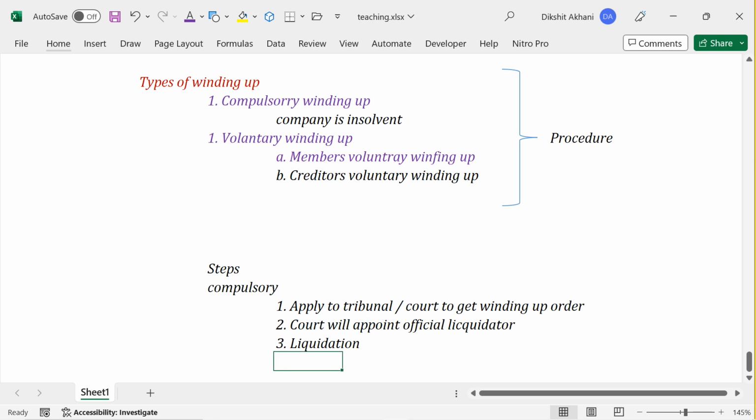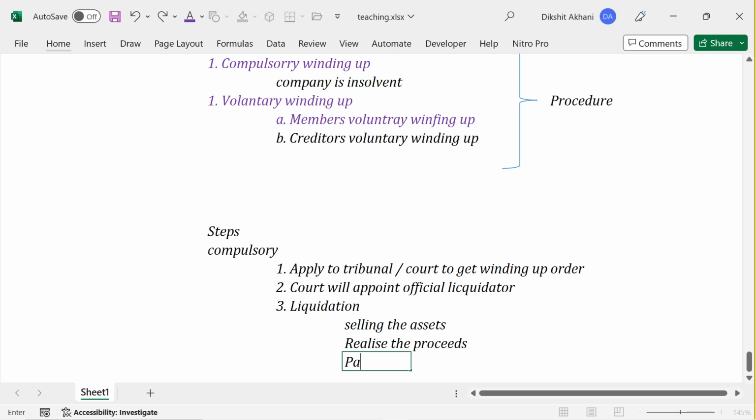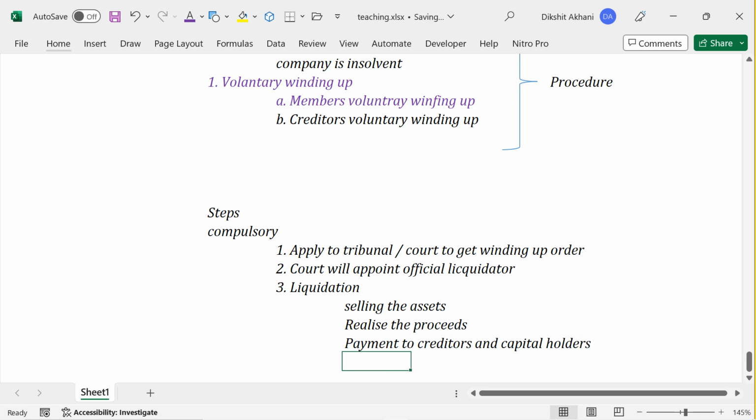Liquidation means selling the assets, after then realize the proceeds, then payment to creditors and capital holders. मतलब असेट बेच दो, पैसा लाओ और उस पैसे को क्रेडिटर को डिस्ट्रीब्यूट कर दो.